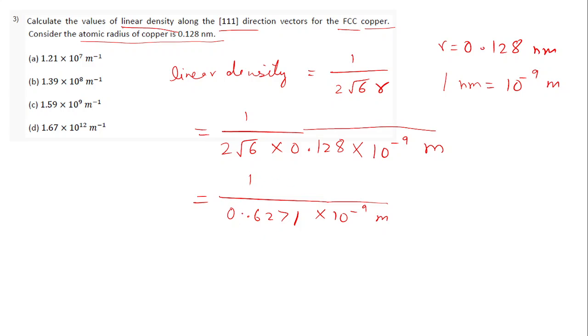When I do this division, I get 1 divided by 0.6271, which is 1.5946 times 10 to the power, this will go in the numerator, so it becomes plus 9, and meter becomes meter inverse. So the correct answer is the closest match here, this one. So the linear density for this particular problem, the correct answer is answer C.